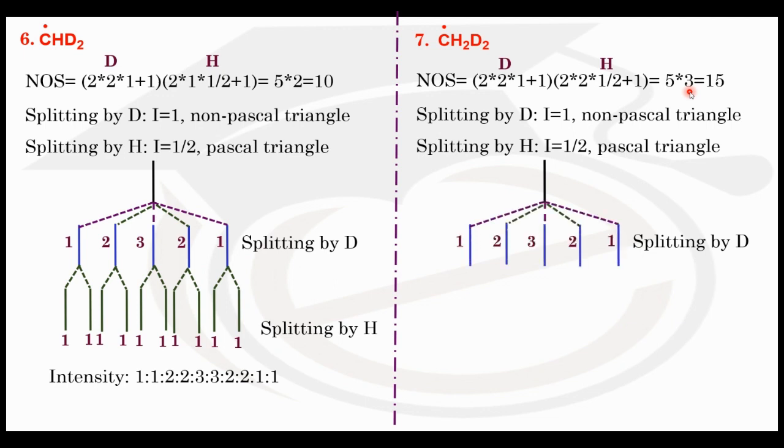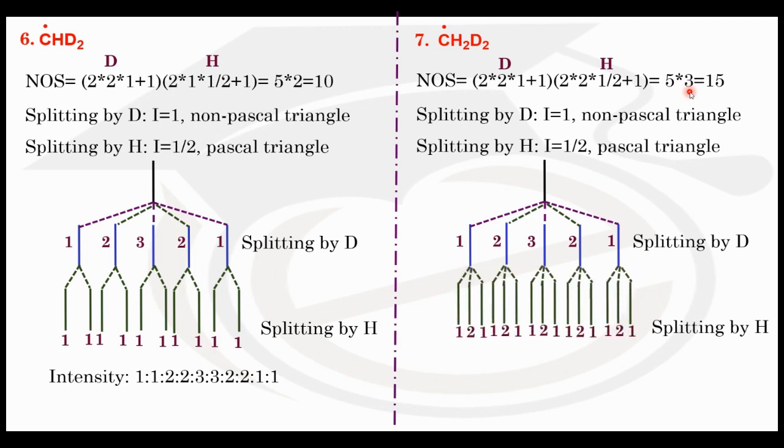One signal will be there, then it will be split by deuterium into 5 as 1:2:3:2:1. Then it is split by hydrogen into 3. The ratio will be 1:2:1. The first follows non-Pascal triangle, this follows Pascal triangle.